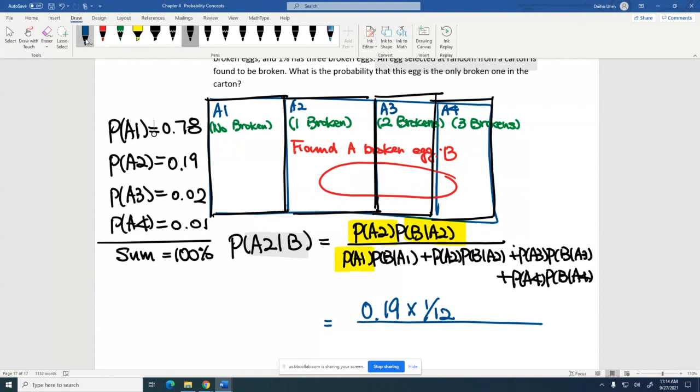Probability of A1, what is the chance I pick the carton with no broken egg? 78%. From the refrigerator, with the chance 0.78, I can pick the good one.